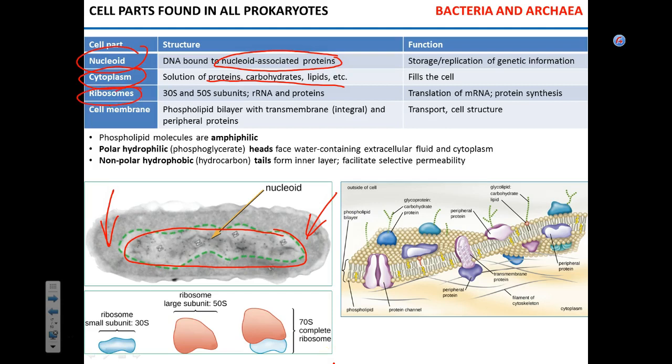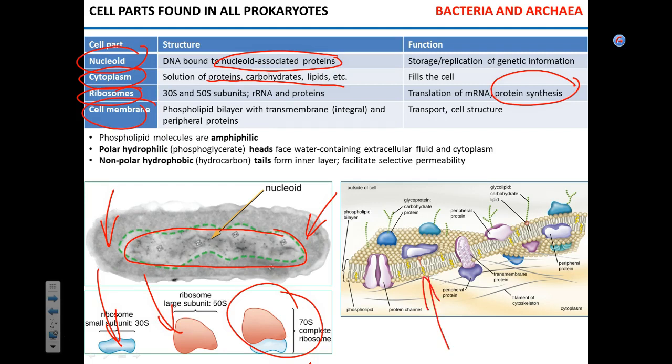Ribosomes. Here's the bacterial ribosome that consists of a large and a small subunit. The function of the ribosome is protein synthesis. And finally, the cell membrane. So this is a typical cell membrane.